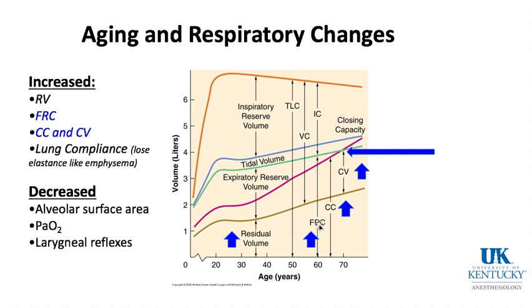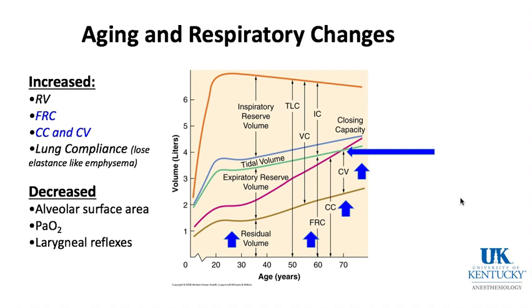Look at the FRC. FRC is made up of expiratory reserve volume and residual volume. It increases, so aging increases FRC. And we already mentioned that the closing capacity was increasing as we age. So if those small airways are starting to close off at high tidal volumes, you can see how VQ mismatching can occur in an elderly patient.